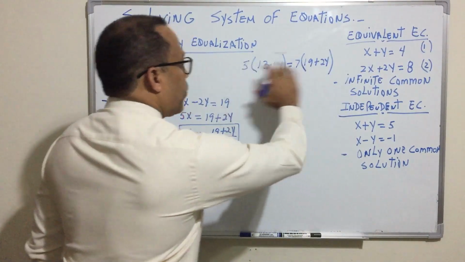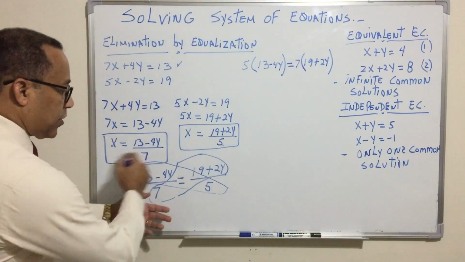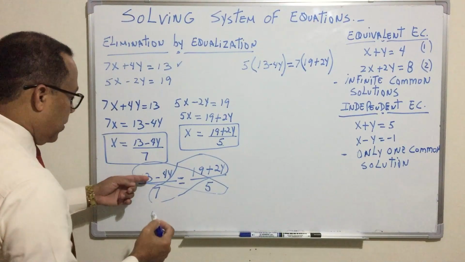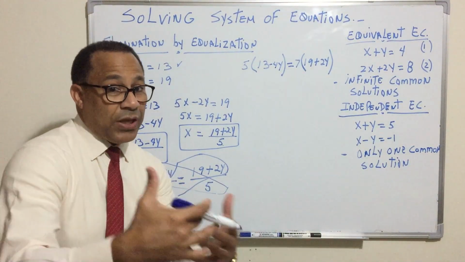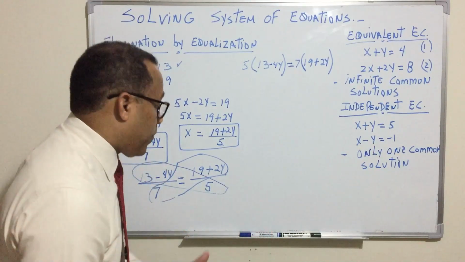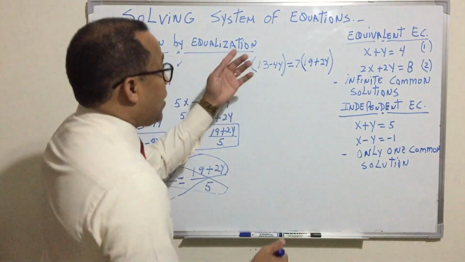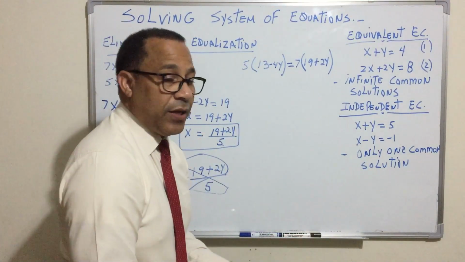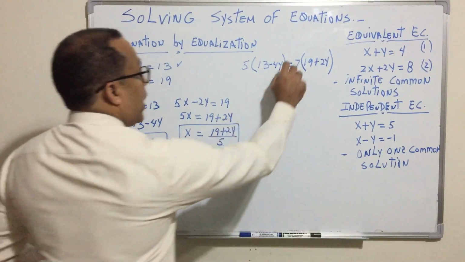I have an equation one more time. It has an equal sign. Again, I just cross multiply. 13 minus 4y times 5, but multiplication is commutative. It means that you may multiply 13 minus 4y times 5 or 5 times 13 minus 4y. Same as 7 times 19 plus 2y. Here it is.